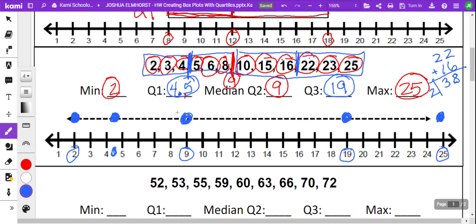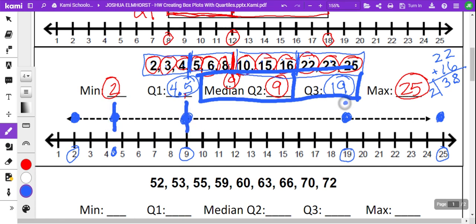So go to the center of the data. So we're going to put a line through the 4.5, the 9, and the 19, and put a box around that on the graph. So the lower quartile, the median, and the upper quartile.